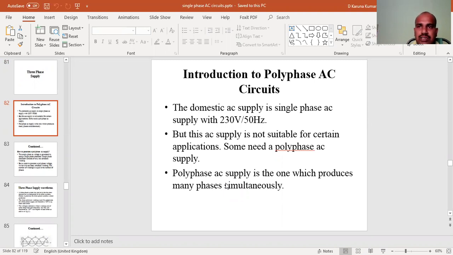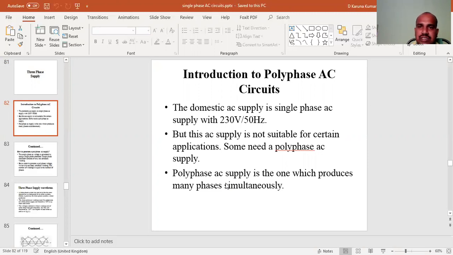First of all, nowadays the main domestic application is the single-phase AC supply. That AC supply is 230 volts, 50 hertz. This single-phase AC supply is not suitable for certain applications, meaning it is not suitable for high power applications.